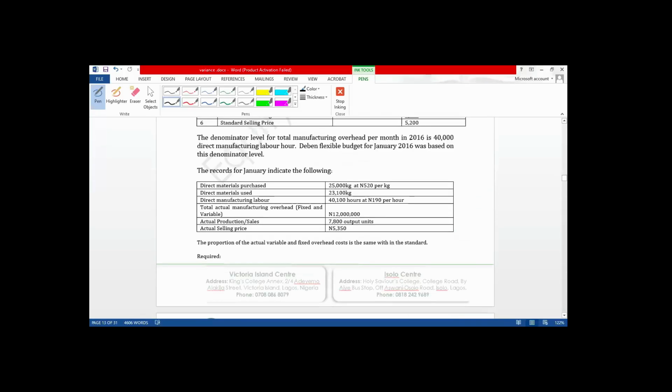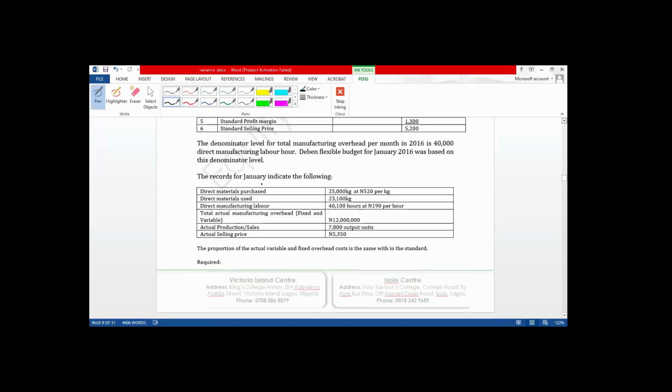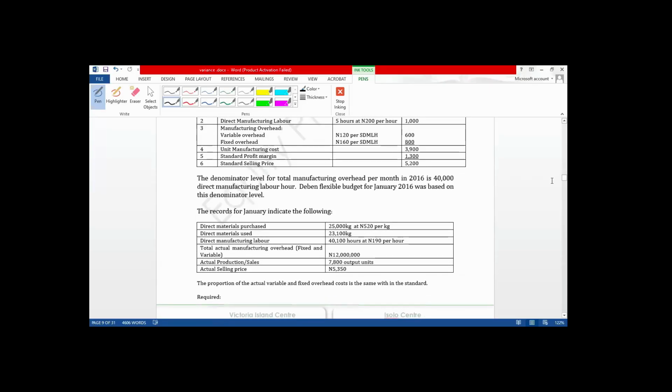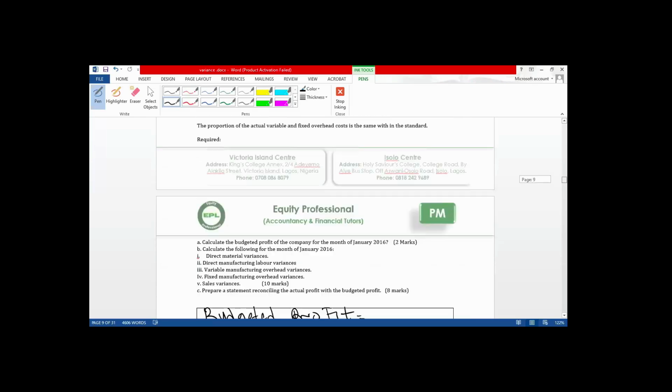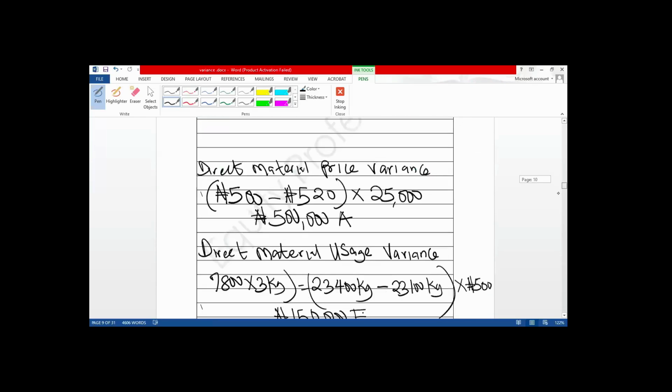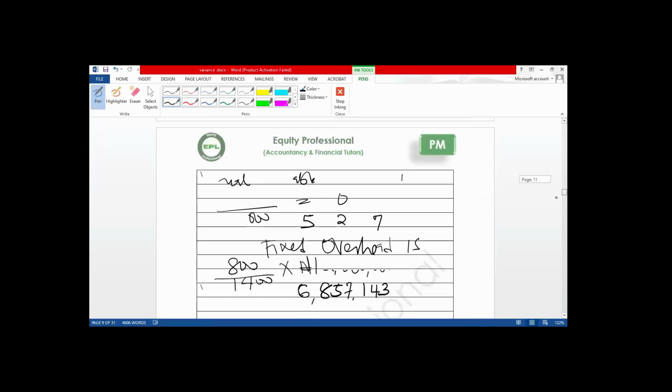The actual selling price is 5,350. The standard selling price is 5,200. Actual quantity sold, 7,800.